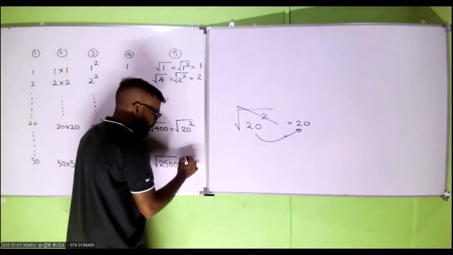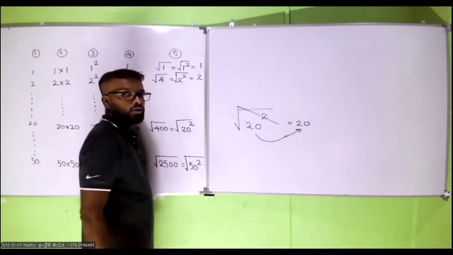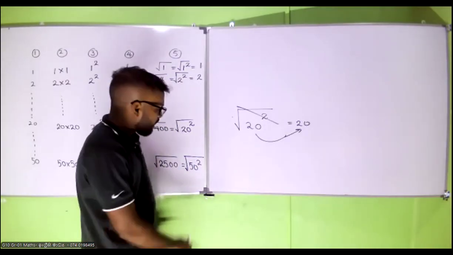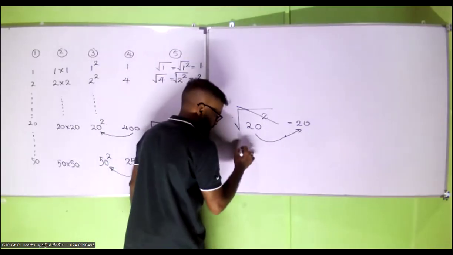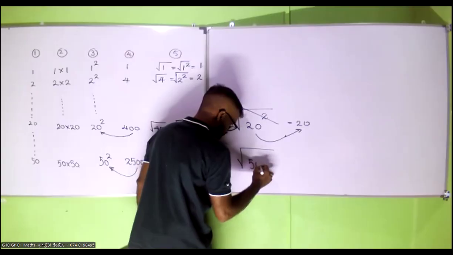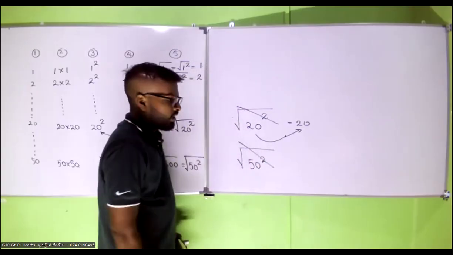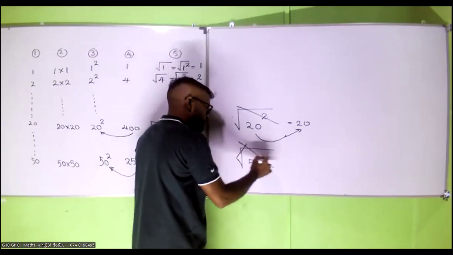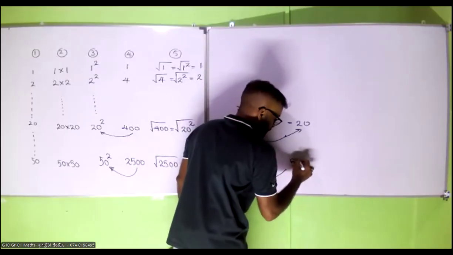That means the square root of 50 to the power 2. What is the meaning of square root? If you have power 2 of any given number, the square root and the power 2 cancel out. The remaining number is 50.